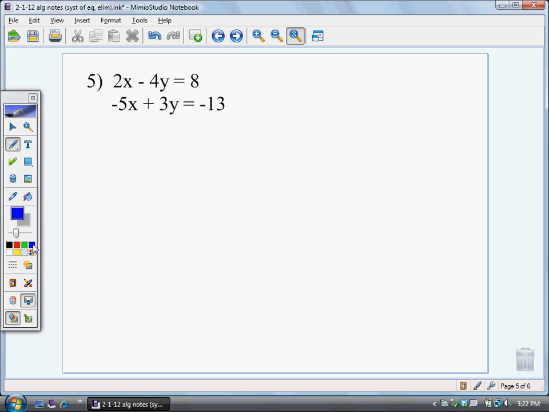So one option that you have with elimination is you can multiply each equation by something. So what I would do here is multiply by 5 on the top equation, and on the bottom equation, multiply by 2. What that does is get rid of my x's, as you'll see in just a second.